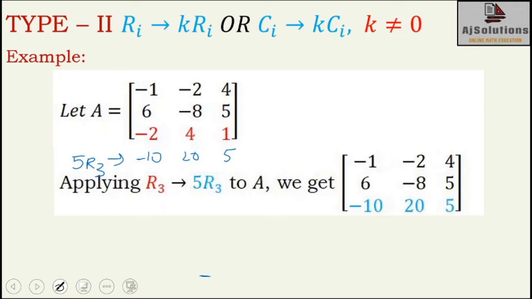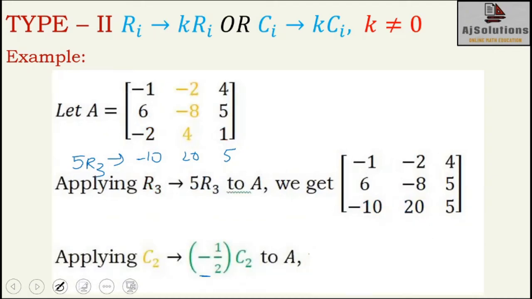Let's apply similar kind of transformation on columns. So now I have to apply C2 replaced by minus half times C2. So what I am supposed to do now? I have to multiply this second column by minus half.